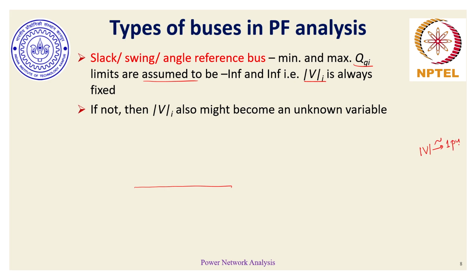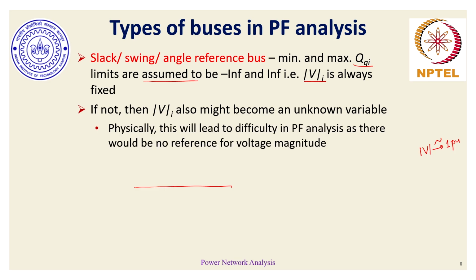If we don't let power flow know what the 1 per unit reference is, then basically, if the voltage reference is also not known like the angle reference, we would have a hard time finding voltages in power flow analysis, because there would be no reference of 1 per unit going into the power flow module.